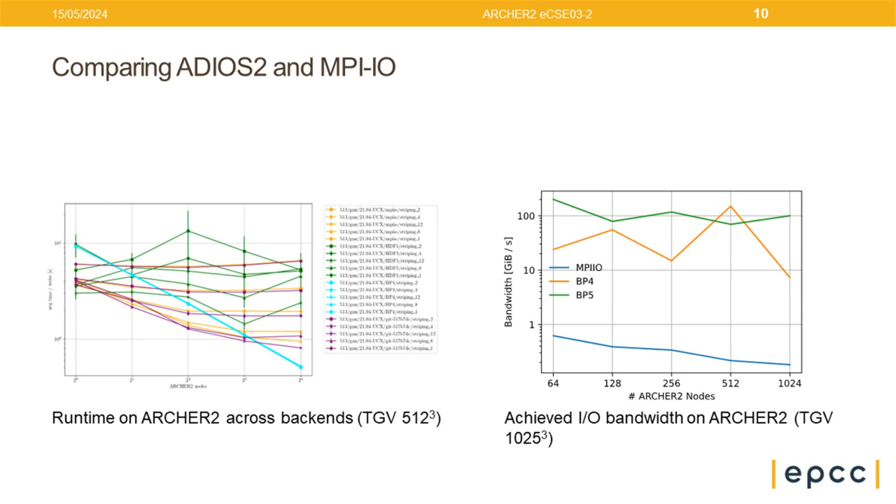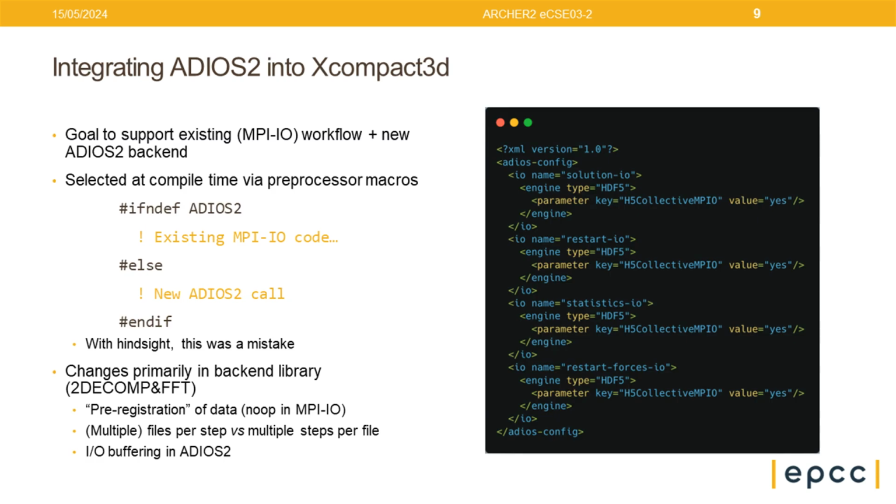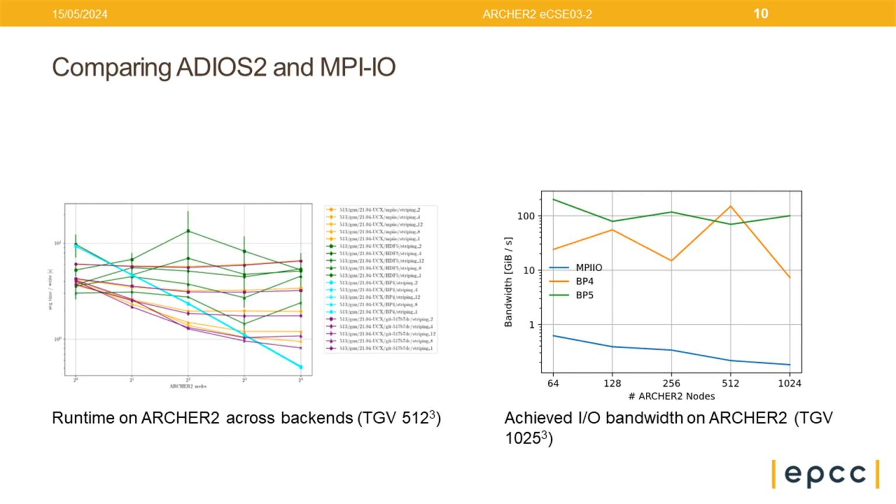I noticed when putting this presentation together that I'd copied some collective options from the ADIOS2 documentation, and a PhD student here at APCC who's also been looking at ADIOS2 has found that using collective I/O within the HDF5 backend significantly slows things down.